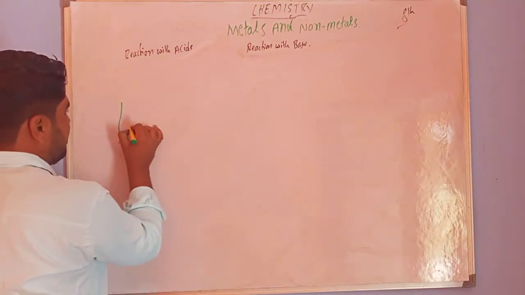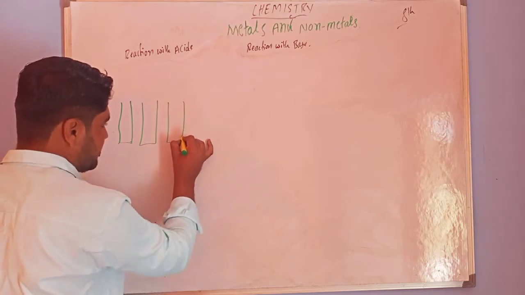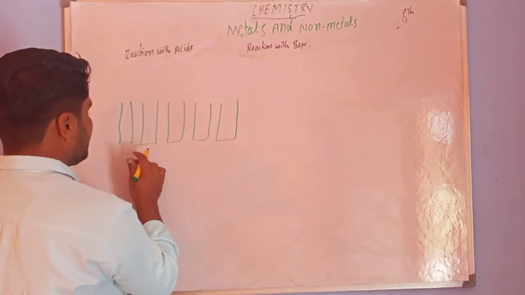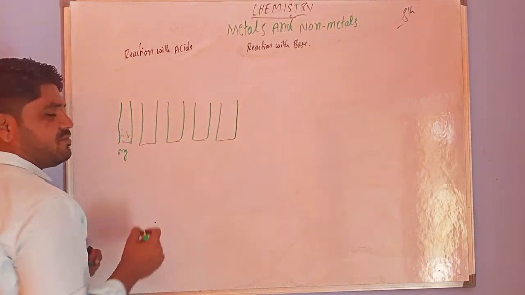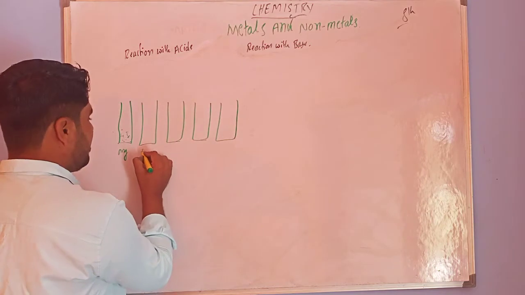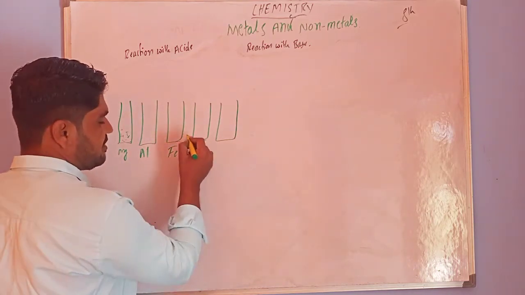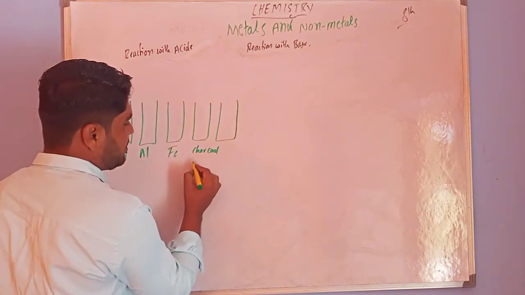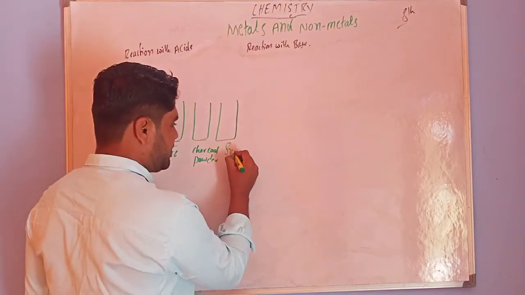So I am taking 5 test tubes. The first test tube contains magnesium. The next, aluminium, Al, and the next is iron. Next is charcoal powder. Next is sulfur.